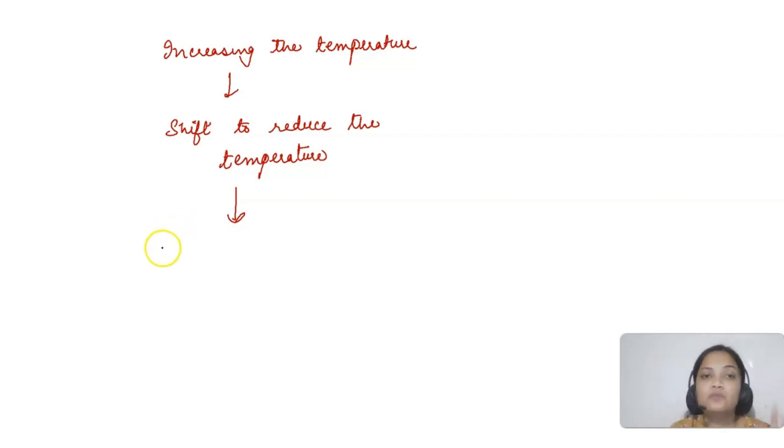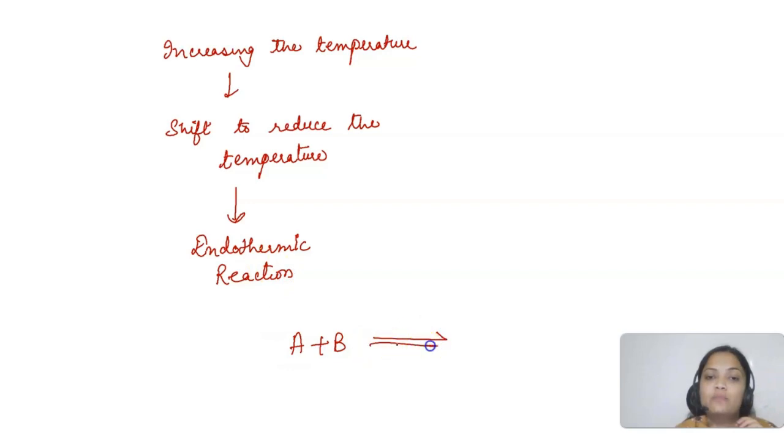Okay, heat absorb कौन से reaction में होती है? Endothermic में. So it will shift in such a direction जहाँ पे आपका endothermic reaction हो रहा. So students, you know कि if you have any reaction, and if the forward reaction is endothermic, you must know कि the backward reaction would be exothermic.